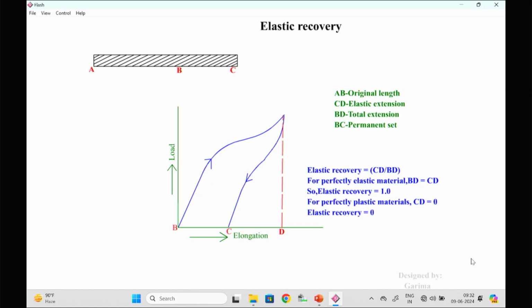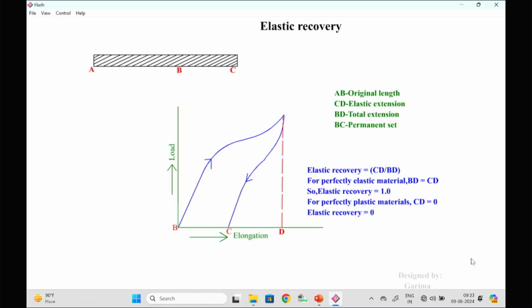So originally BD is the extension and the original gauge length is AB. So permanent deformation here is CD. CD is the permanent deformation. So AB is the original length, CD is the elastic extension.